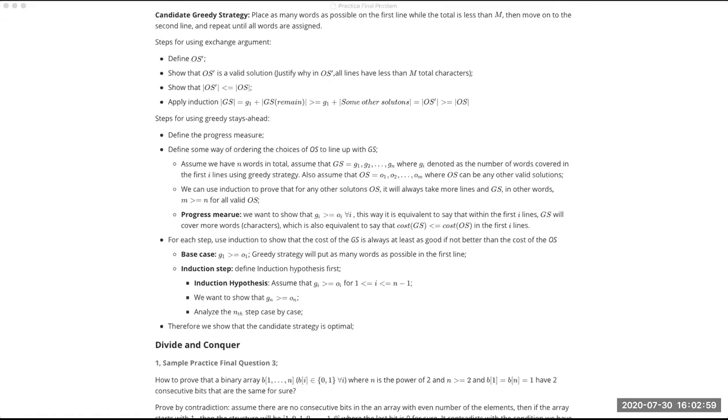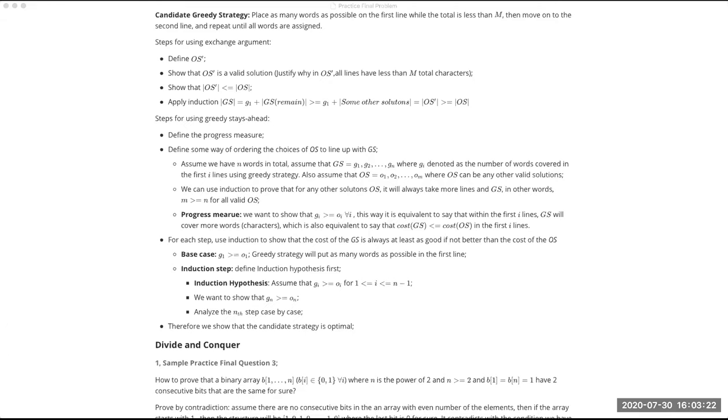But for the base case, you do not have any steps before that. You're starting at the very beginning. You do not have any lines before that.